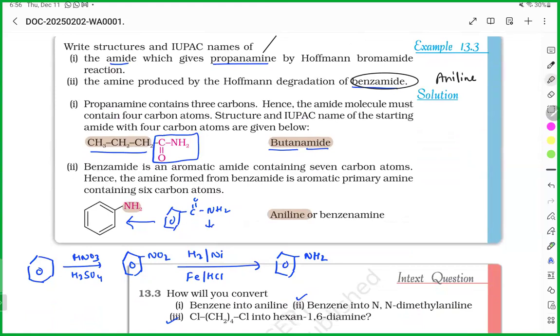What is this? Benzene converted into aniline. First, you can do nitration, nitro is added, and then reduction. This is produced, right? This first part. How is benzene converted into N,N-dimethyl aniline? So CH3 on the nitrogen from the benzene ring. How is it produced?